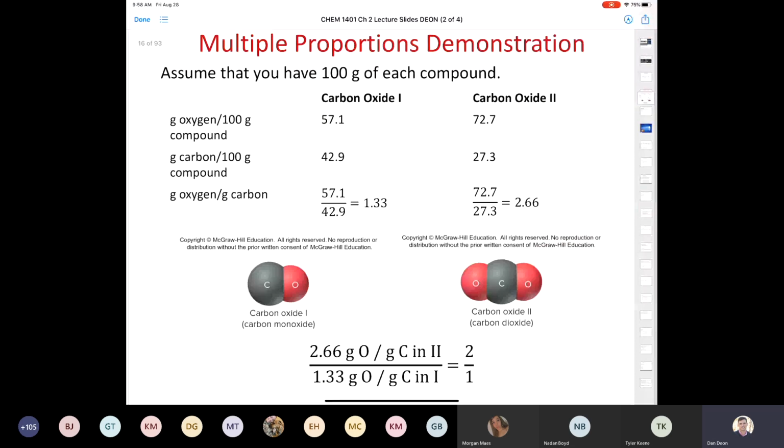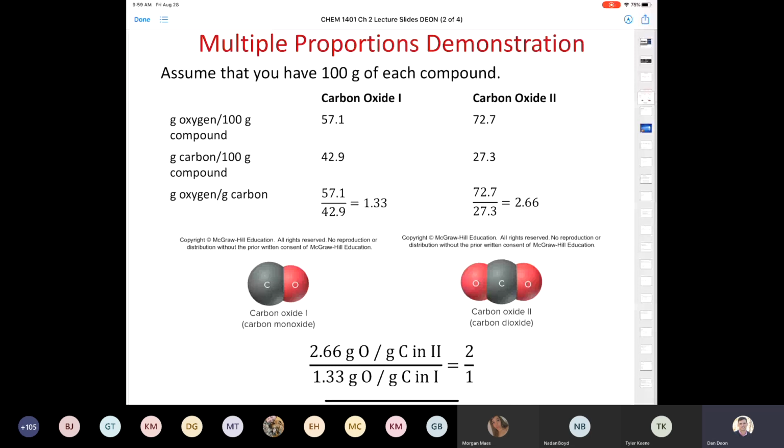It's an easy assumption to make that you have 100 grams of each compound. If you imagine that you have 57 grams of oxygen in carbon oxide 1 and 42.9 grams of carbon in carbon oxide 1, anyhow, if you make a ratio of those, you get 1.33.